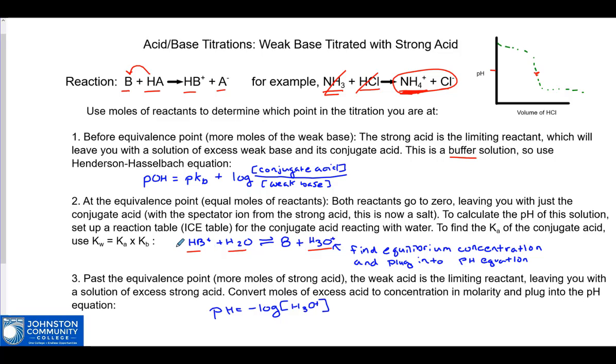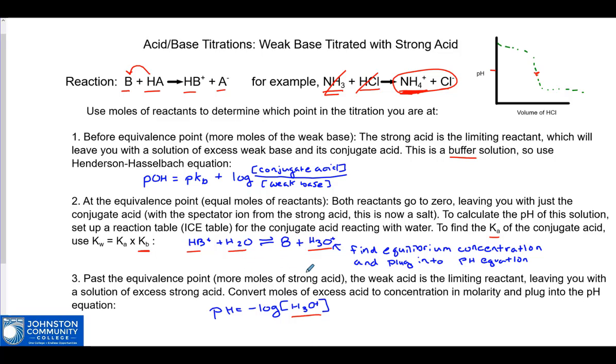To find the x of your ICE table, you'll need the Ka of that conjugate acid, which you can obtain from the Kb of the original weak base using Kw equals Ka times Kb. Plug that into your ICE table and solve for x. That will be the concentration of hydronium, H3O+, at equilibrium, which you can then plug into your pH equation.